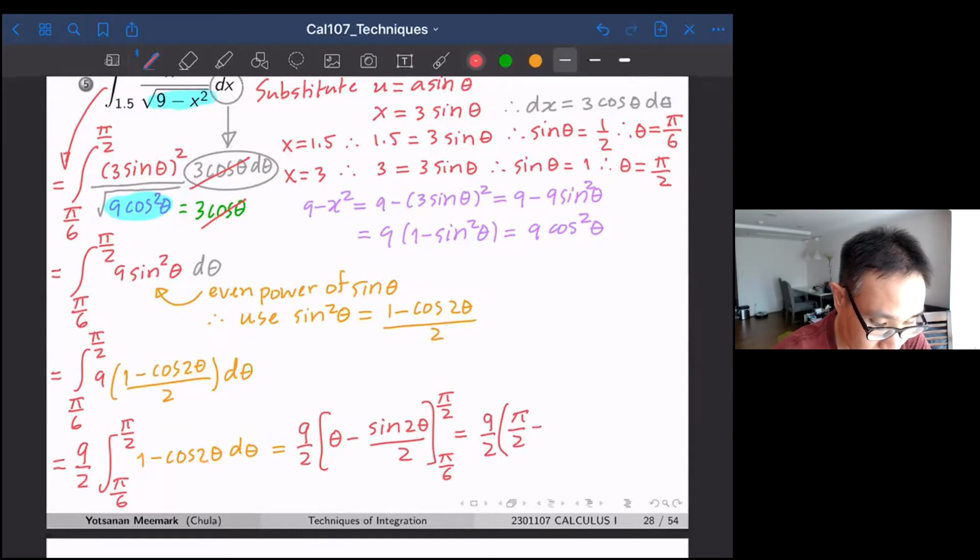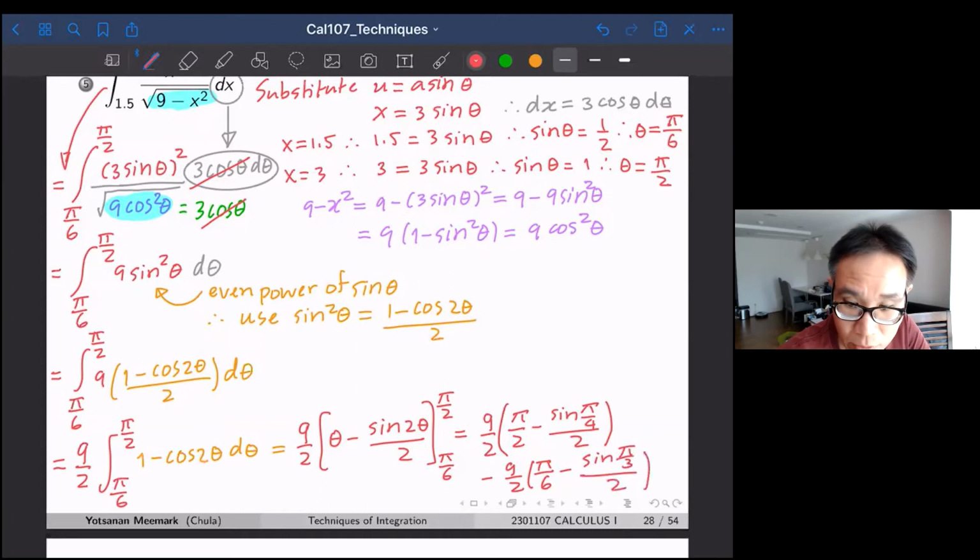So it's going to be sine, okay, so it's going to be pi over 2 minus sine pi over 2 over 2, that's my first term, okay, and I'm gonna subtract 9 over 2 times pi over 6 minus sine pi over 3 over 2, okay, and sine pi over 4 will be square root 2 over 2, and sine pi over 3 is square root 3 over 2, okay.